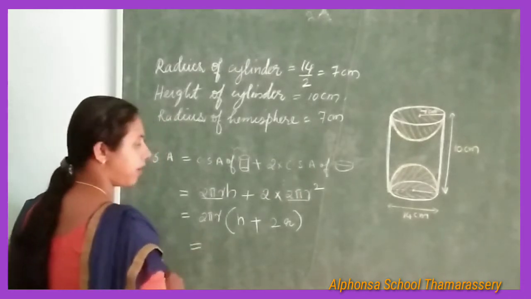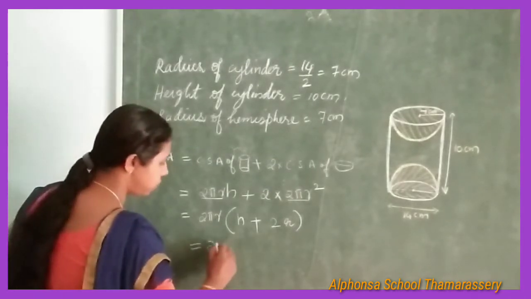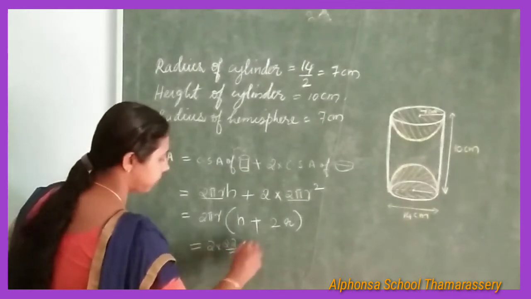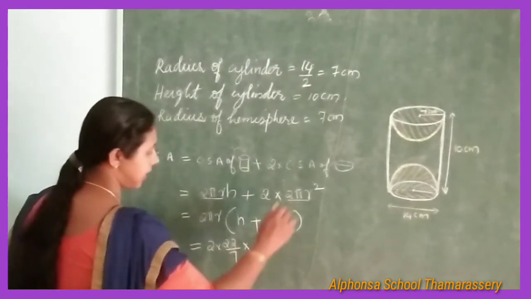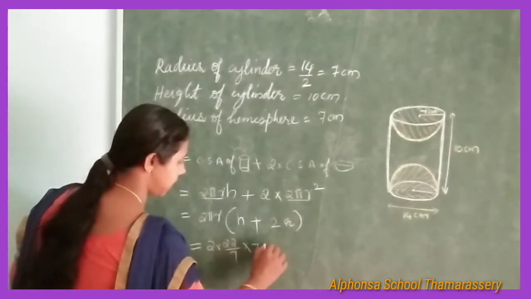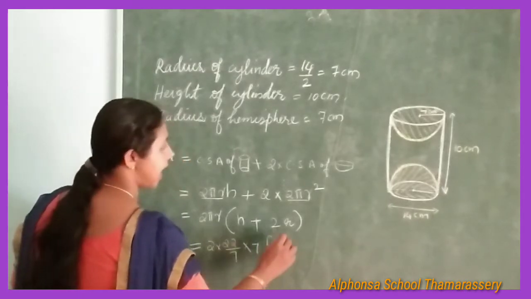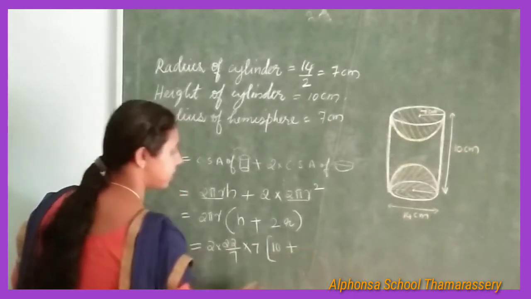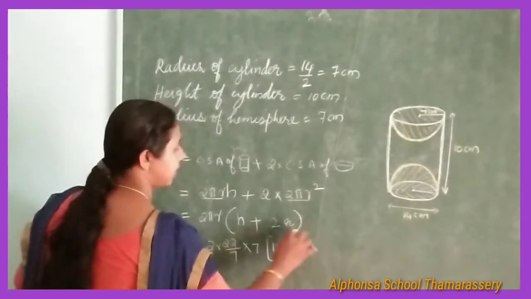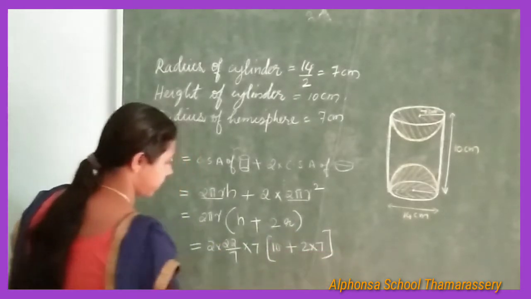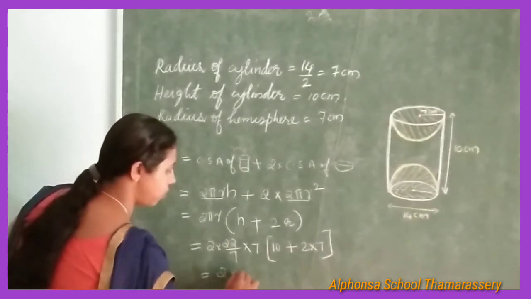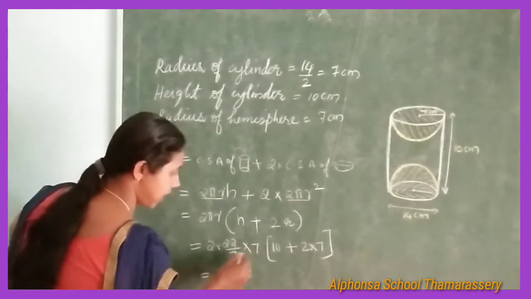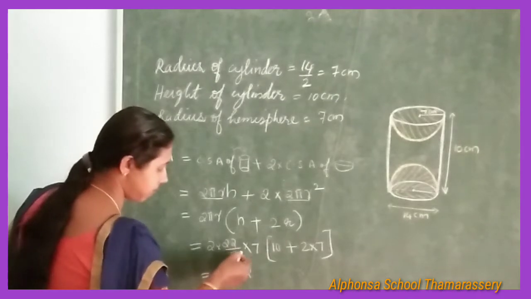Now we can substitute the values. So 2 into 22 by 7 into the radius, that is 7 centimeter, into the height of the cylinder, which is 10 centimeter, plus 2 into the radius. The radius is 7. So that is equal to 2 into 22 by 7 into 7, and we can cancel the common factors.